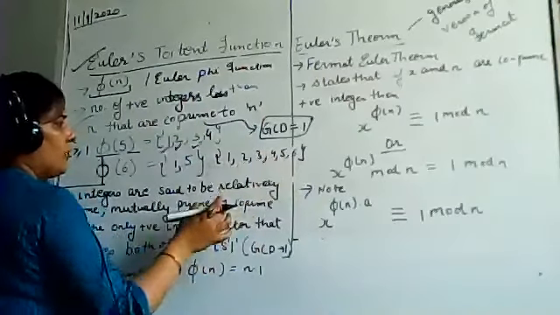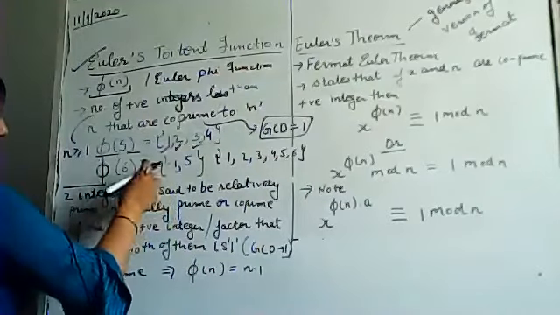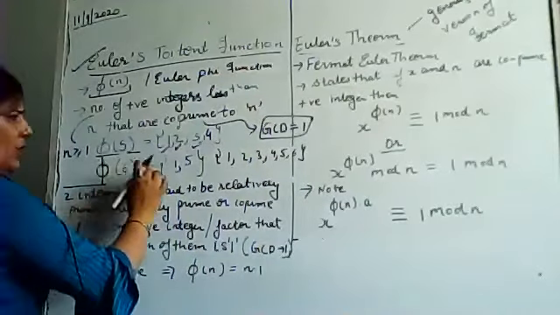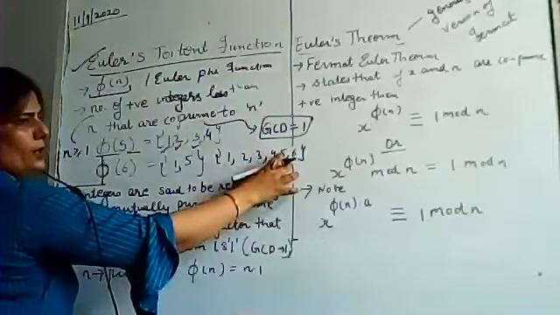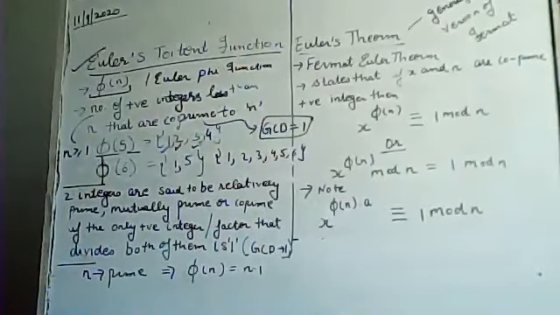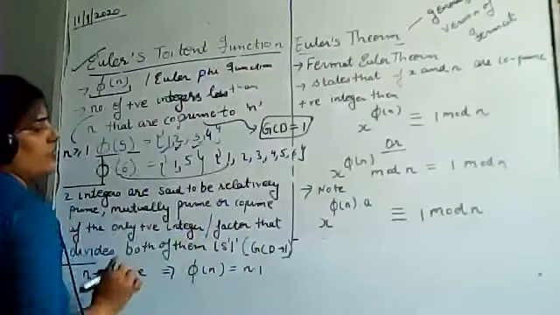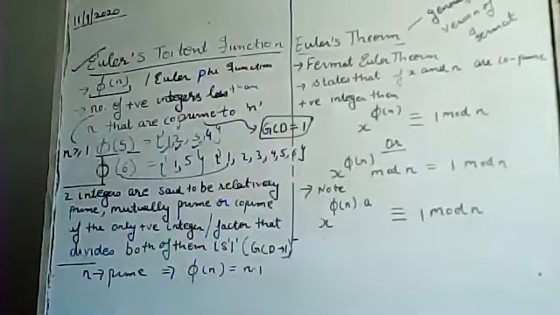Because all these numbers should be up to this particular number only. Now we will check the GCD value of each and every number with 6. We check 1 with 6, so we will find the greatest common divisor between 1 and 6.